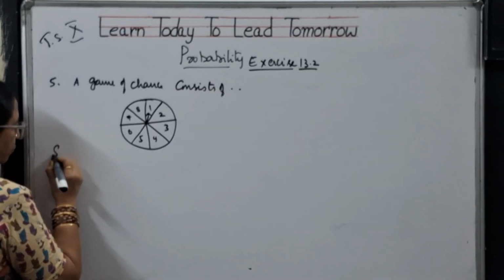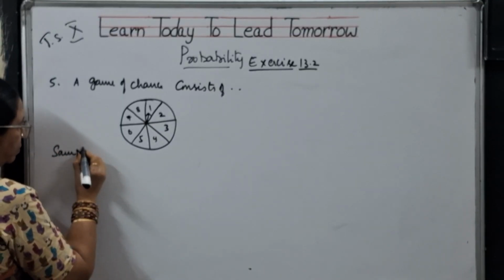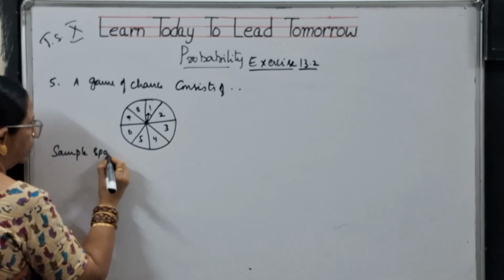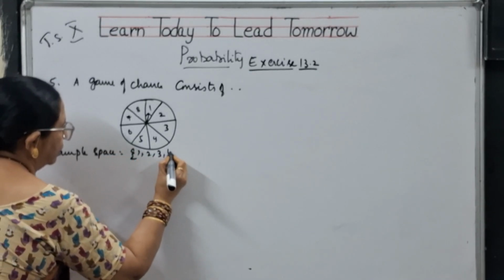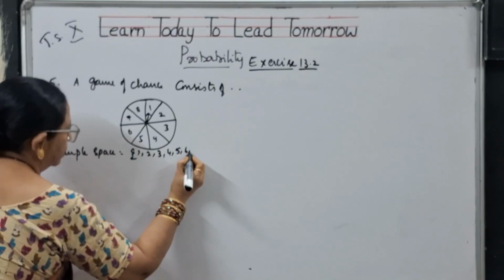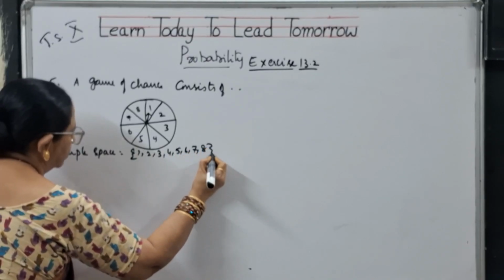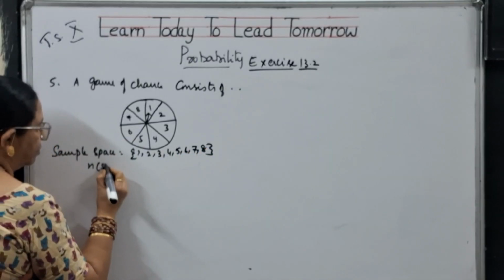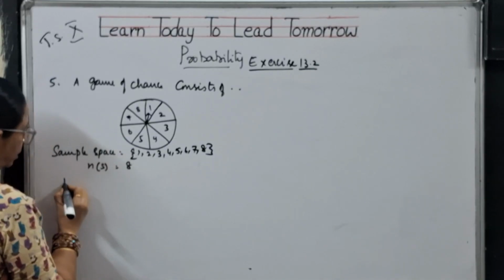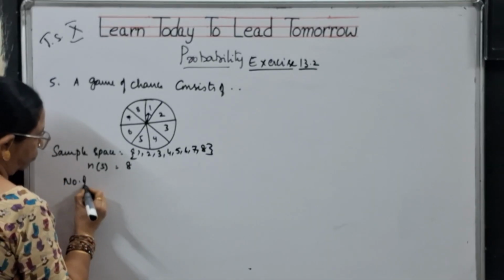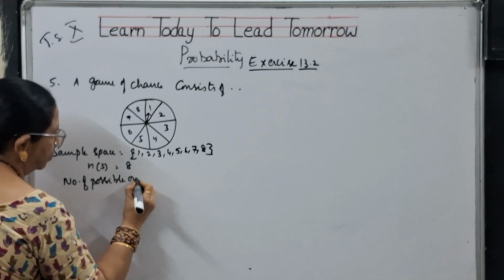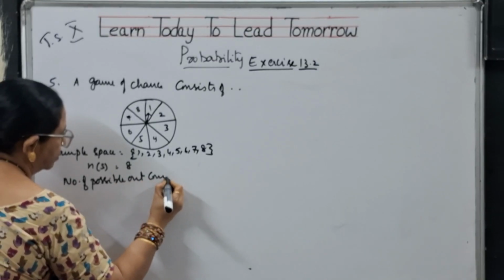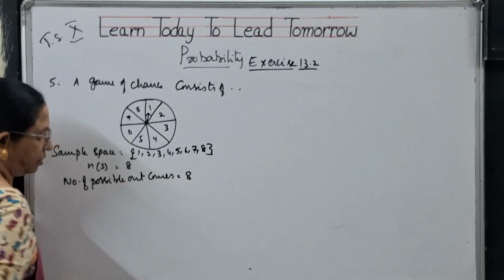So for this, the sample space is 1, 2, 3, 4, 5, 6, 7, 8. So n of S is 8. That means number of possible outcomes is 8.